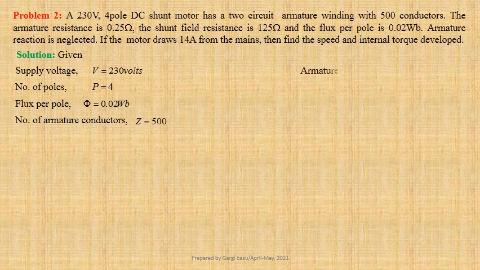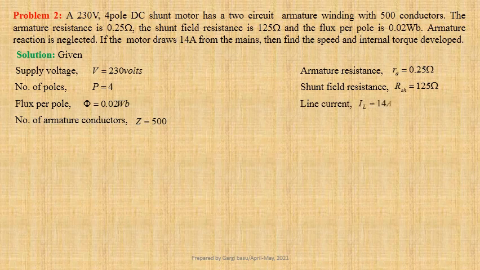Given armature resistance RA equals 0.25 ohm. Shunt field resistance RSH equals 125 ohm. Line current IL equals 14 ampere. Number of parallel paths A equals 2.